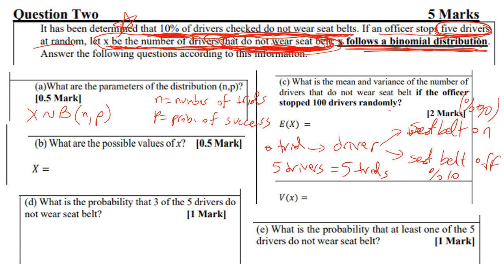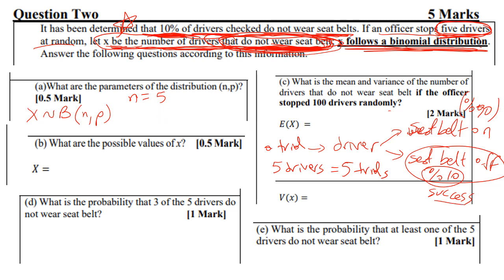Success means not wearing a seat belt, and its probability is 10%. So the number of trials is 5, and the probability of success, which is seat belt off, is 10%.